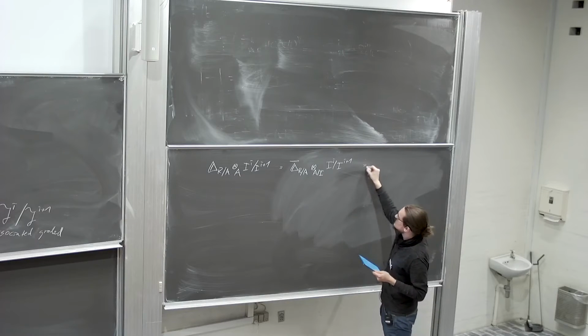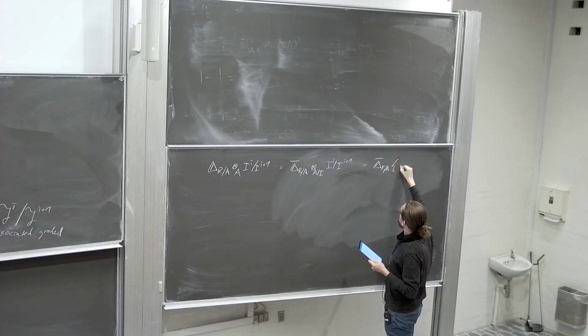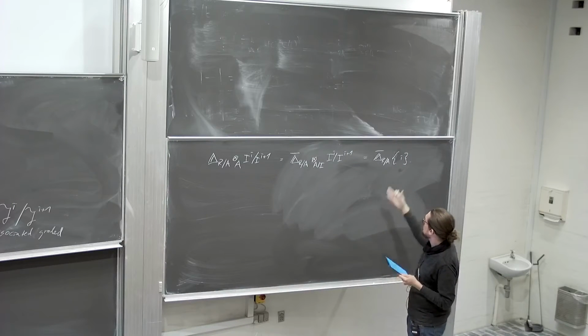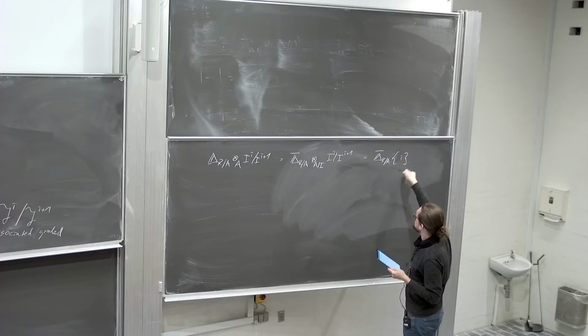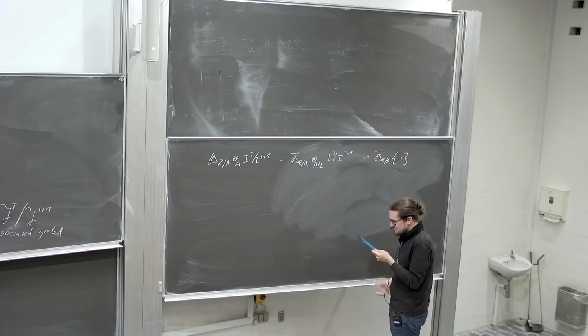So in some sense, this is a twisted version of this prism bar guy. So this has a name. It's called prism bar, and then there's this twist I. So let's take that as a definition here.